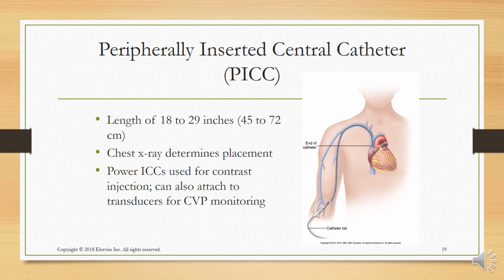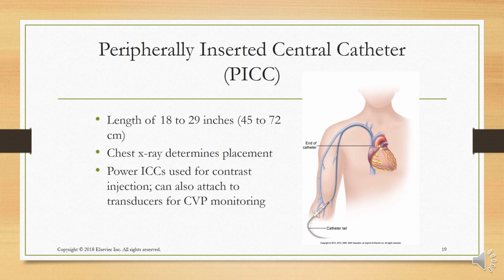So if you need an injection of contrast that's called a power PICC, you have to have a central line because the force it takes to inject that contrast will rupture a regular peripheral catheter, or it will rupture the vein because you're pushing it in so fast.